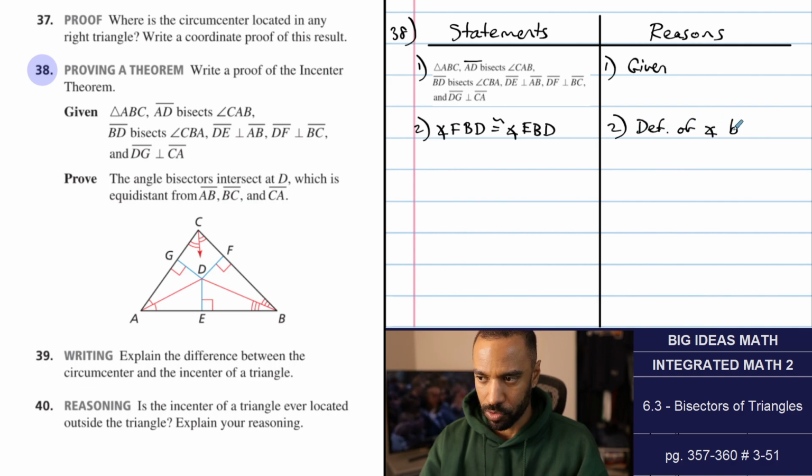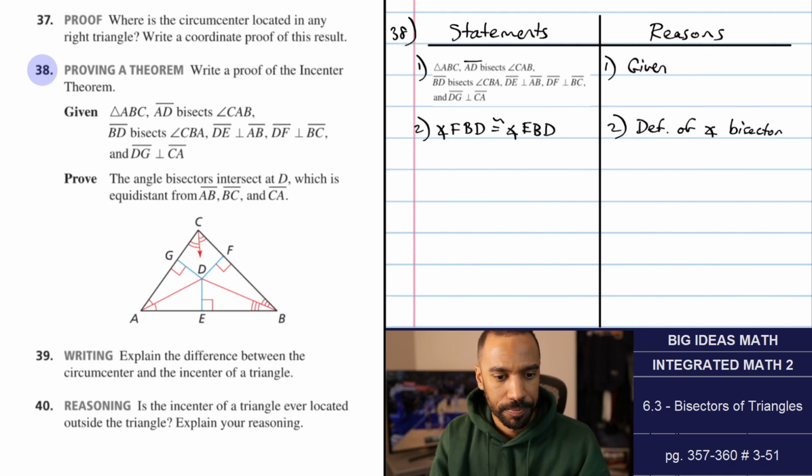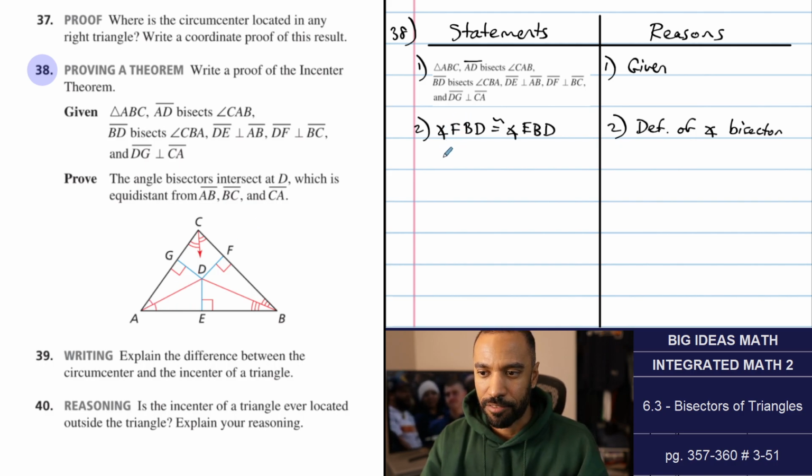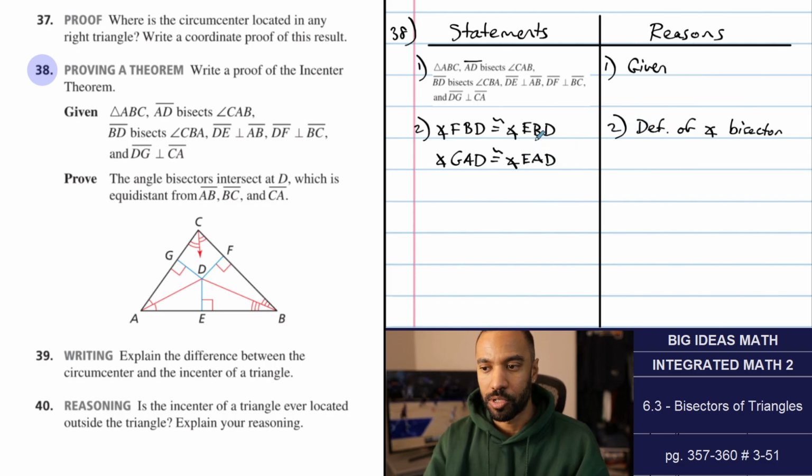We can probably do the same two things at once. We'll say that those are congruent right there, and we'll do the same thing over here. GAD congruent to EAD. I'm surprised they even have it marked. They state it's bisected, but it's up to us to state that those are actually congruent. So that's number 2. I'm doing both at the same time.